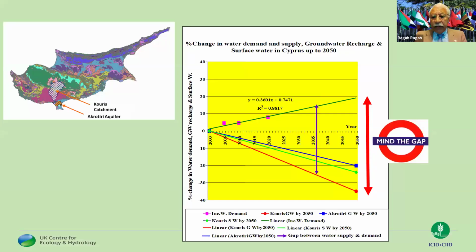Looking at some work we did in different parts of the world, I'll just give a few examples. In work we did on the island of Cyprus, we found that by 2050, the gap between water supply and demand is increasing. Given that the water resources ministry in Nicosia were part of that project, they were actually taking decisions to limit the areas of surface irrigation.